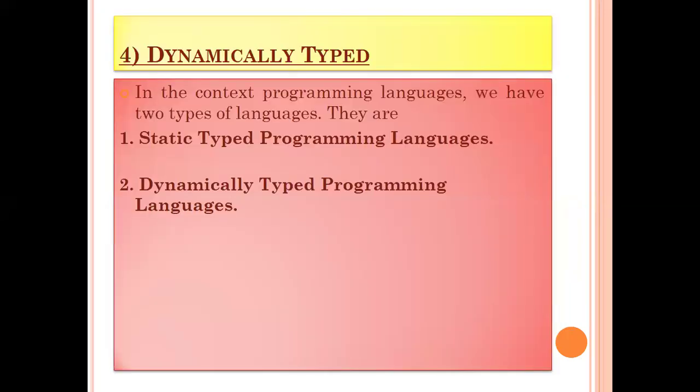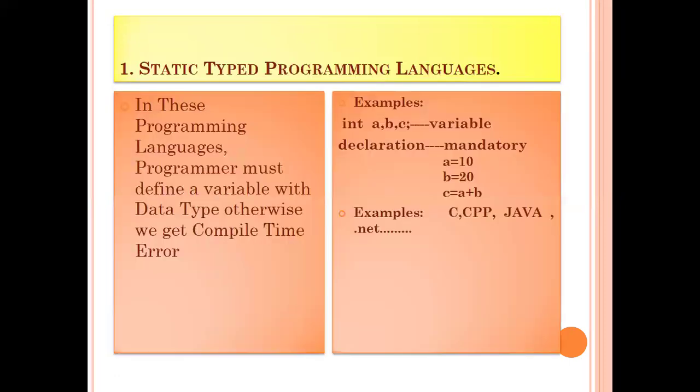Now we have discussed the statically typed and dynamically typed programming languages. Python is a dynamically typed programming language, not static type, because in static type we need to define a variable on our own, otherwise we'll get a compile time error.